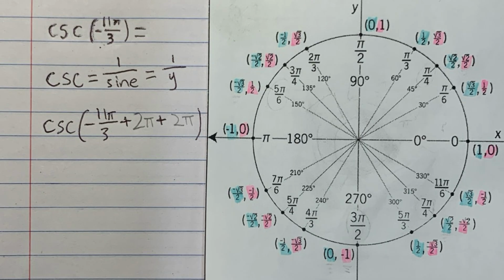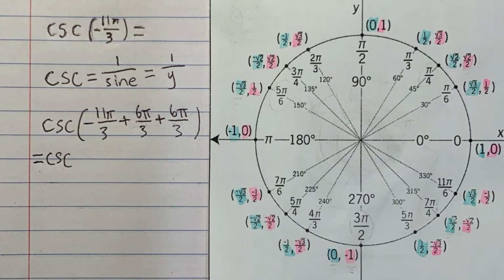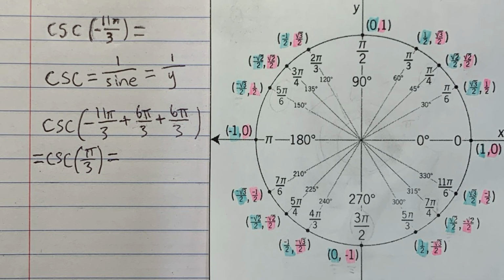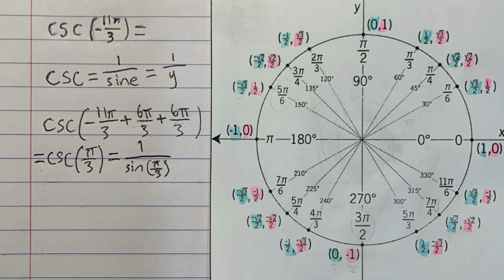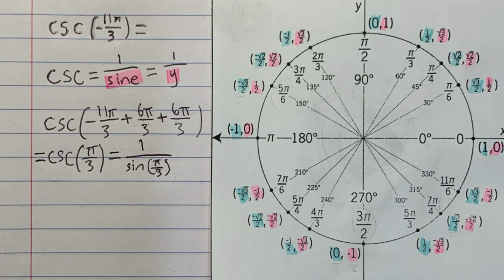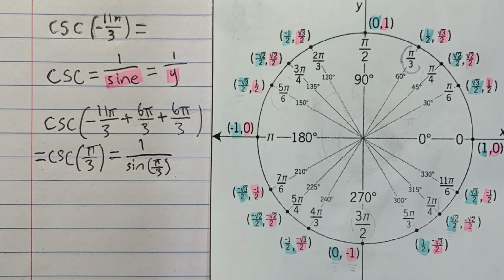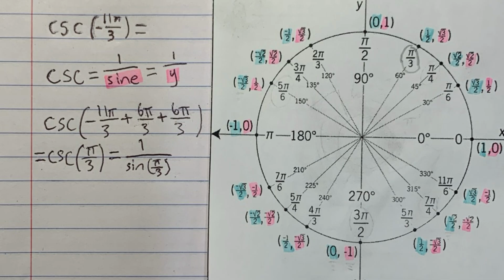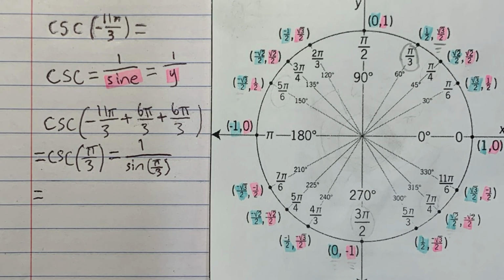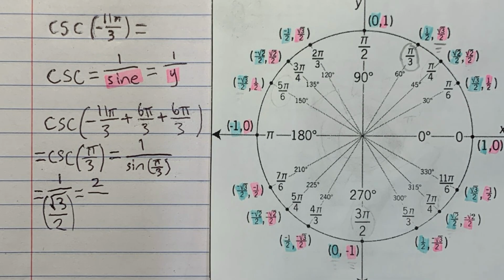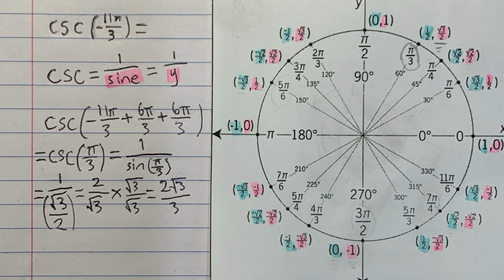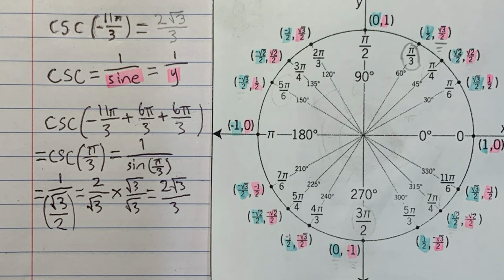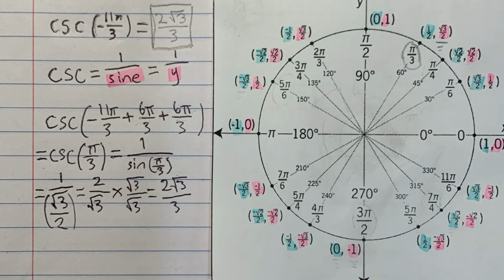In this case, we add 2 pi 2 times to get cosecant of pi over 3, which is equal to 1 over sine of pi over 3. Now we find pi over 3 on the unit circle, and we find the sine value, and now it's a simple matter of evaluating. And everything, when it's said and done, simplifies down to 2 rad 3 over 3, and that is our answer.